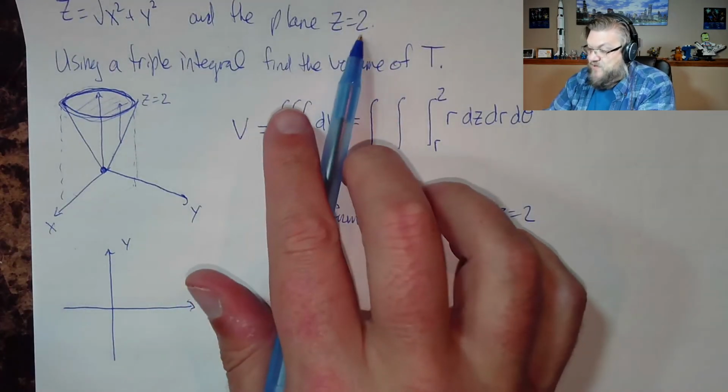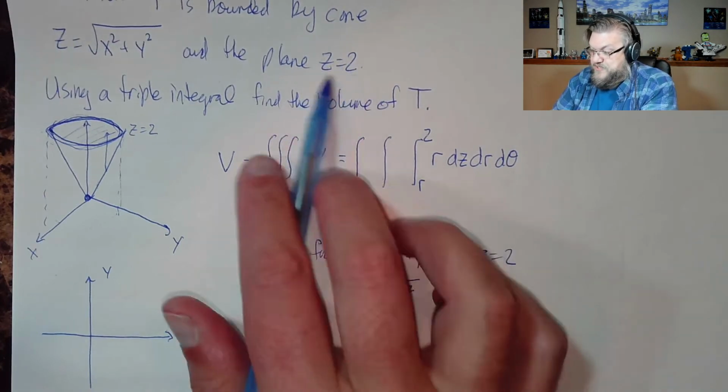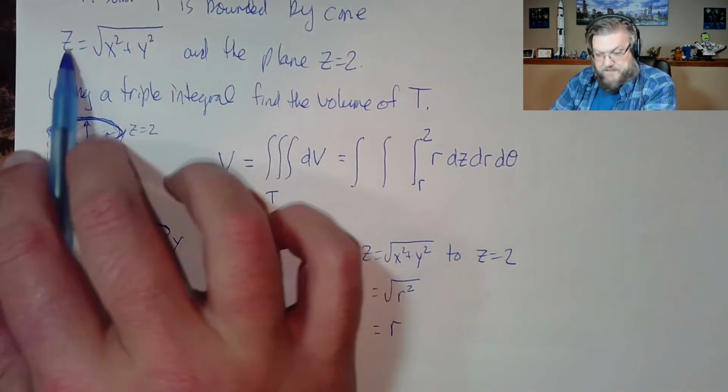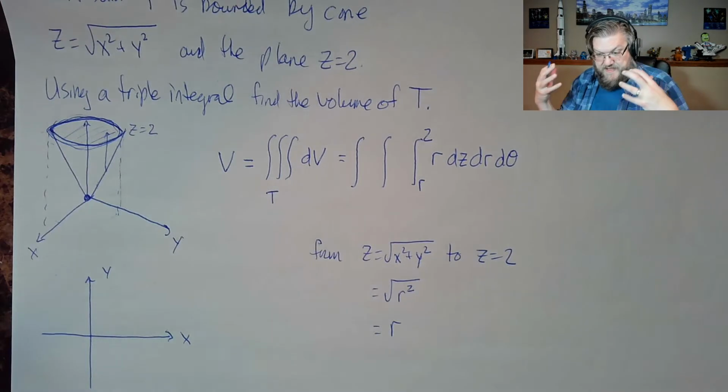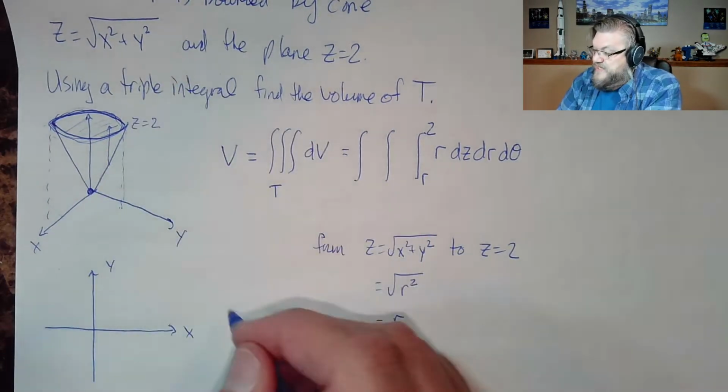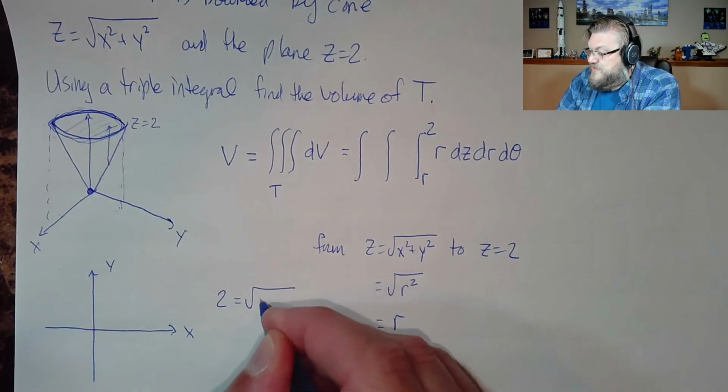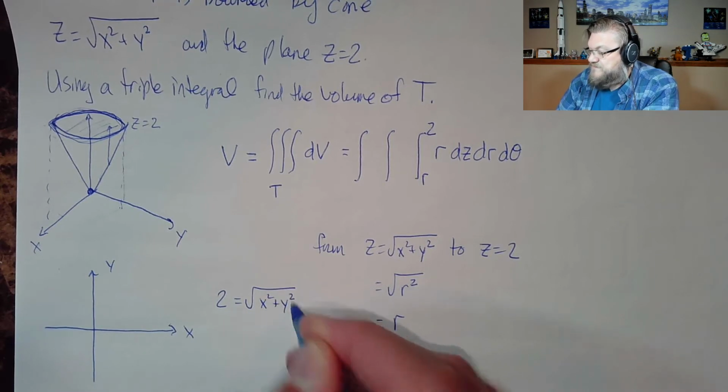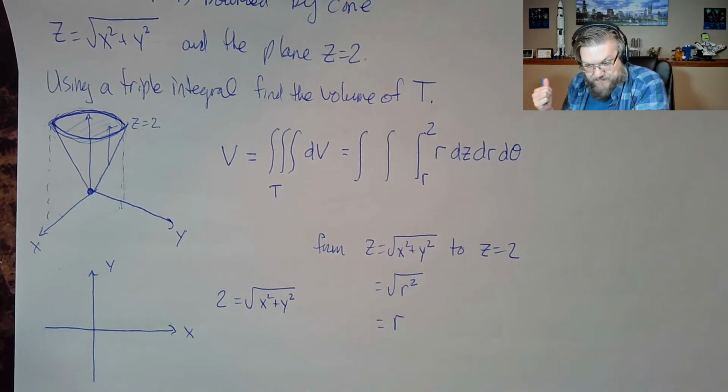So I am going to now plug in z equals 2 into this surface, because that would mean it's the intersection of those two. So I'm going to get 2 equals square root of x squared plus y squared, right?